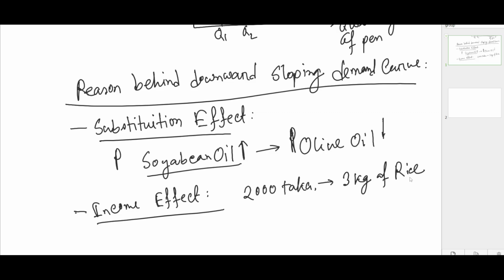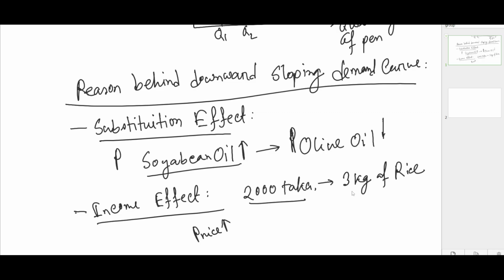When the price of rice increases, I can buy a lesser amount of rice within this fixed income. That means my disposable income decreases.